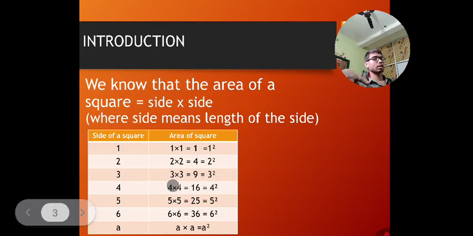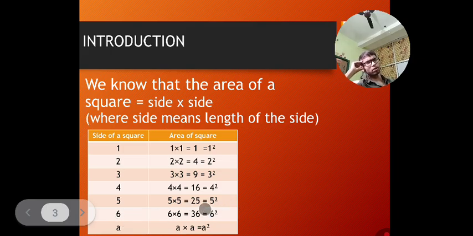Here we take 3, so 3 times 3 is 9. Again we have 4, but actually we have 4 times 4, 16. We have 8 sides. If you have 5 sides, then area would be 25.